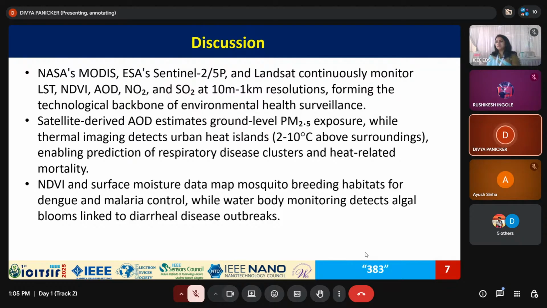We also reviewed platforms such as NASA's EODIS, HealthMap, and GLEAM, which combine satellite and epidemiological data into real-time dashboards. The major shift here is from passive disease reporting to predictive disease management. Instead of waiting for hospitals to report rising cases, health systems can proactively identify high-risk regions and allocate resources earlier.